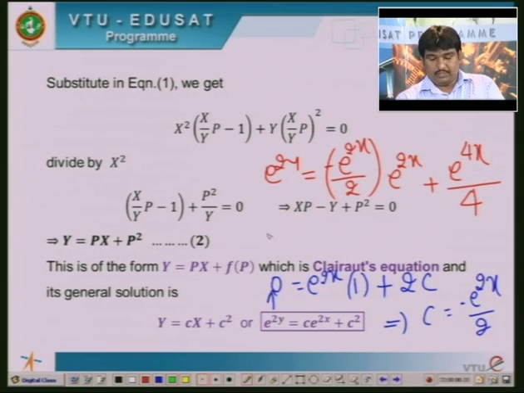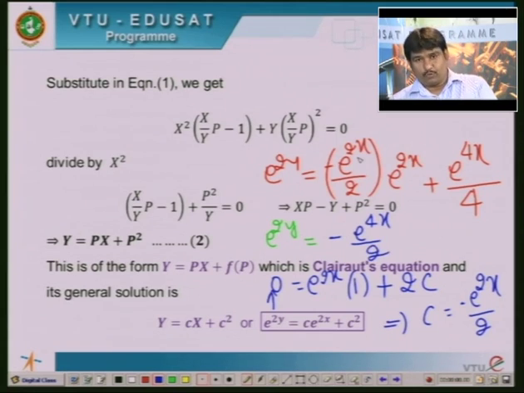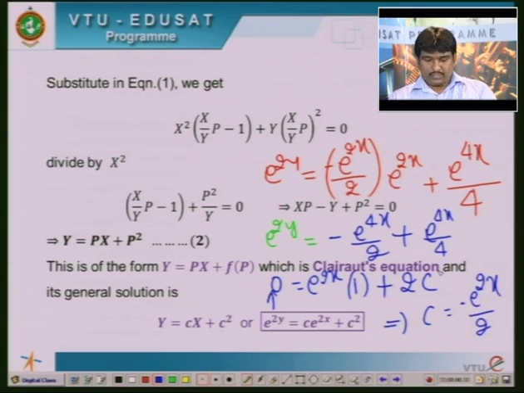This part is e to the power of 2y equals, you can write this as minus e to the power of 4x divided by 2, since e to the power of 2x into e to the power of 2x is e to the power of 4x divided by 2, plus e to the power of 4x divided by 4. So minus 1 by 2 plus 1 by 4. You just simplify that, and you will get the singular solution.